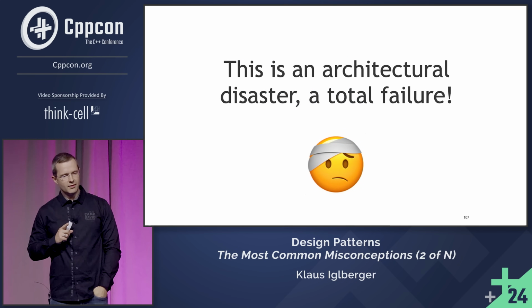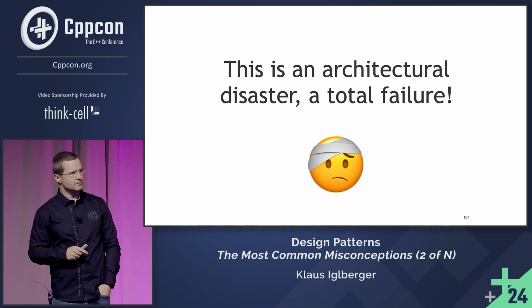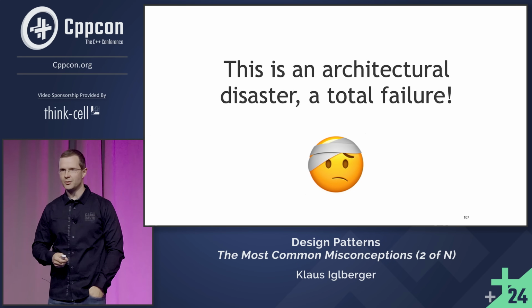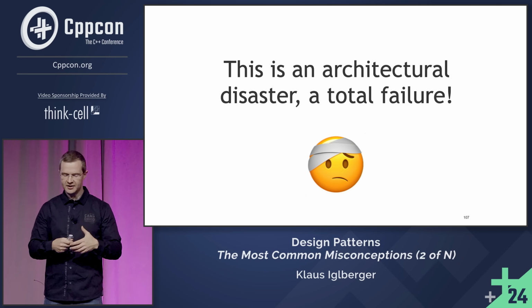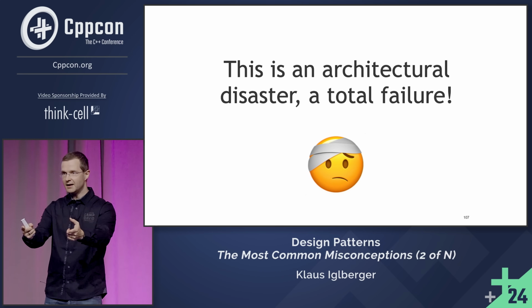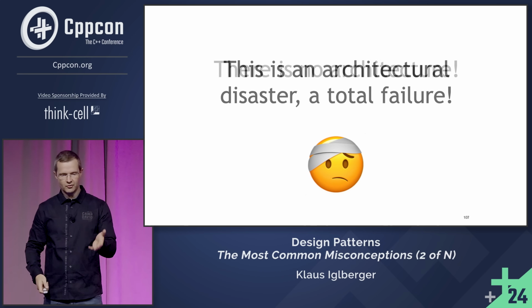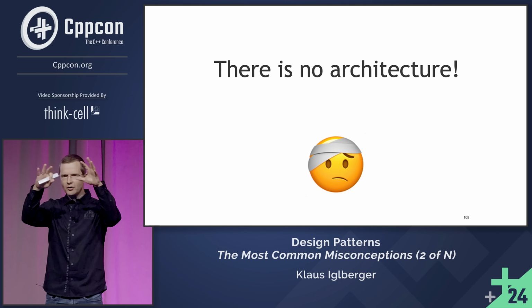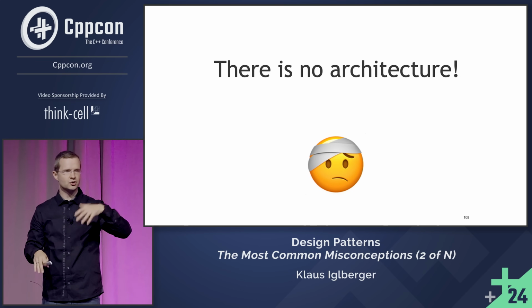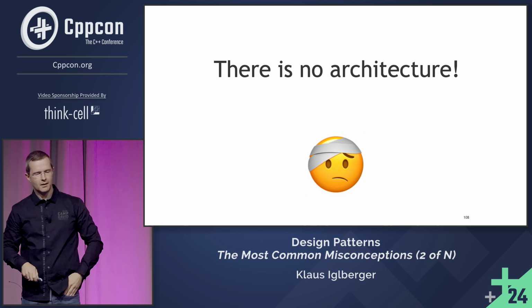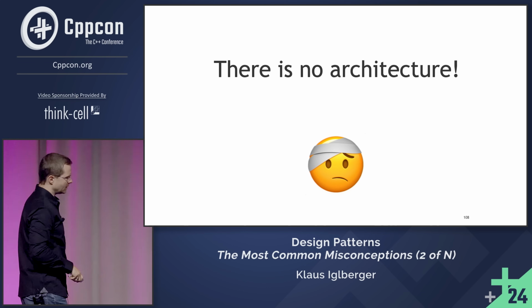So this is an architectural disaster. It is a failure from an architectural point of view. We cannot really work together anymore. I cannot have the interface stuff, the stable stuff, and you cannot extend it. And that is simply because there is no architecture. All of this now is one thing that belongs together. There's just one level, there are not two anymore.